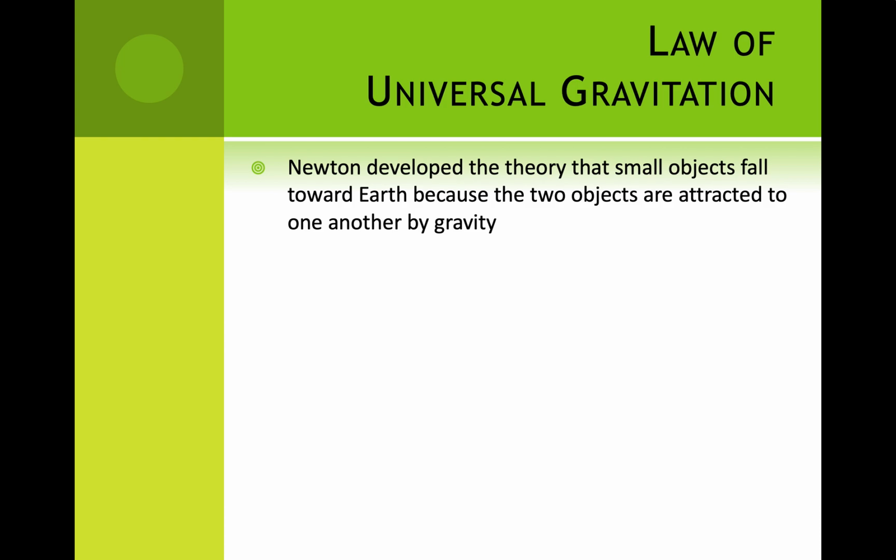Newton developed this theory that small objects fall towards Earth because the two objects are attracted to one another by gravity. It is not just that the Earth pulls everything towards it. It is that any two objects are pulled towards one another by gravity. And it's simply the fact that Earth is so large relative to everything else that everything seems to get pulled towards Earth.